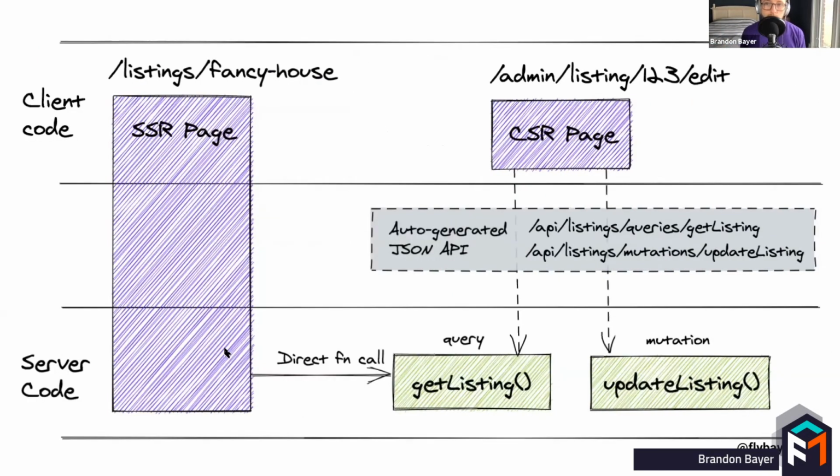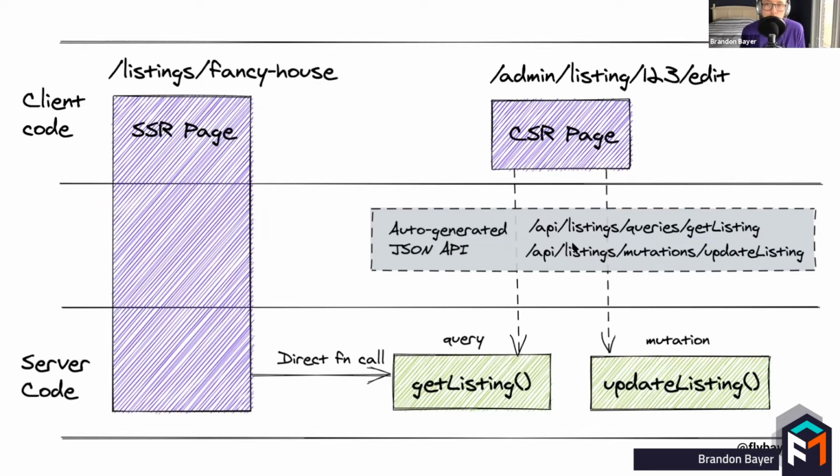So here's an architecture diagram of how this looks. On the left is a server-side rendered page, and you can see it has code that runs on the server and on the client. And on the right side, we have a client-side rendered page that only runs on the client, but it loads the data from the server through the auto-generated API.